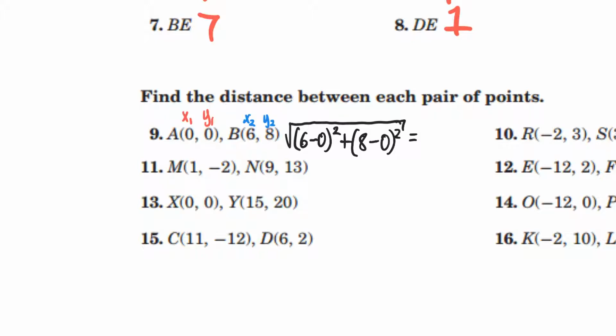Do you remember your Algebra 1 teacher teaching you the easier way? What was it? Oh, you're thinking about slope. This is something totally different than slope. This is finding out how far they are apart. What do you get? You get 10. That's what it should be.